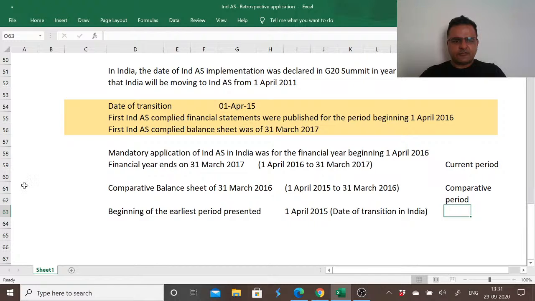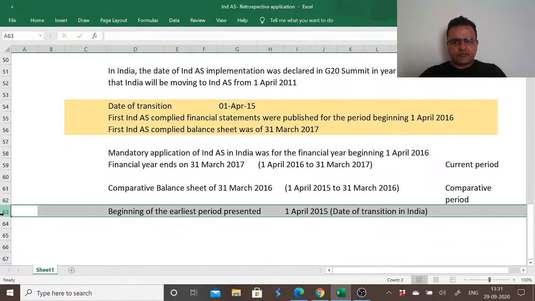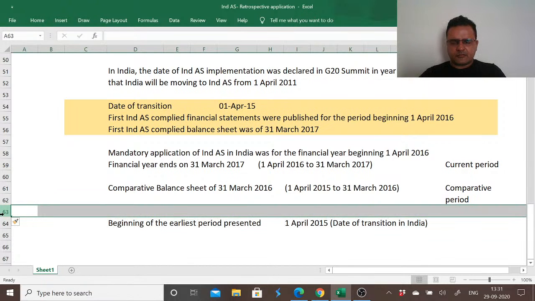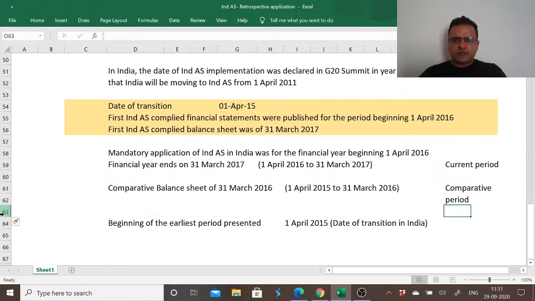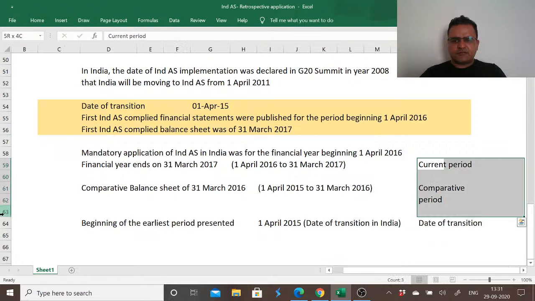And this is the beginning of the earliest period presented balance sheet, the first, or date of transition. So these are the three balance sheets published when we are changing the GAAP for the first time.